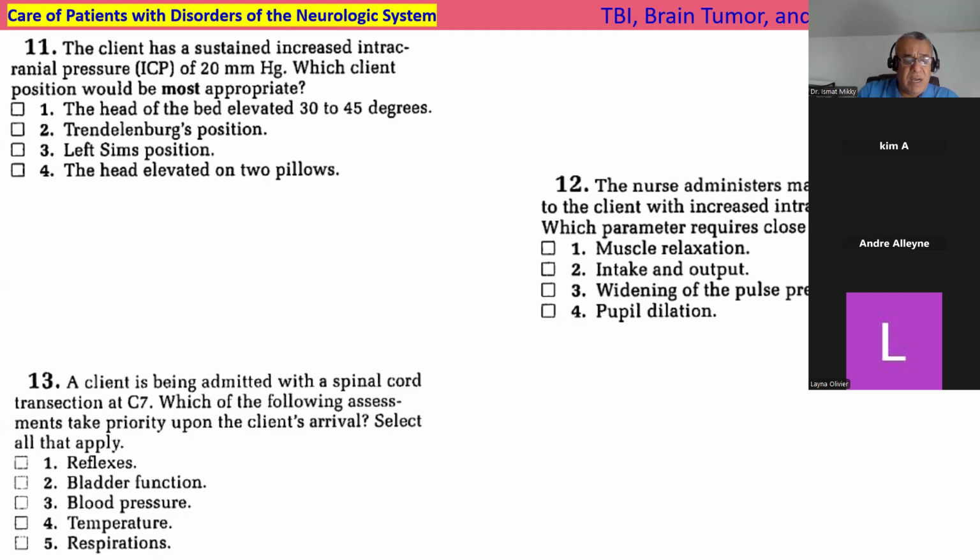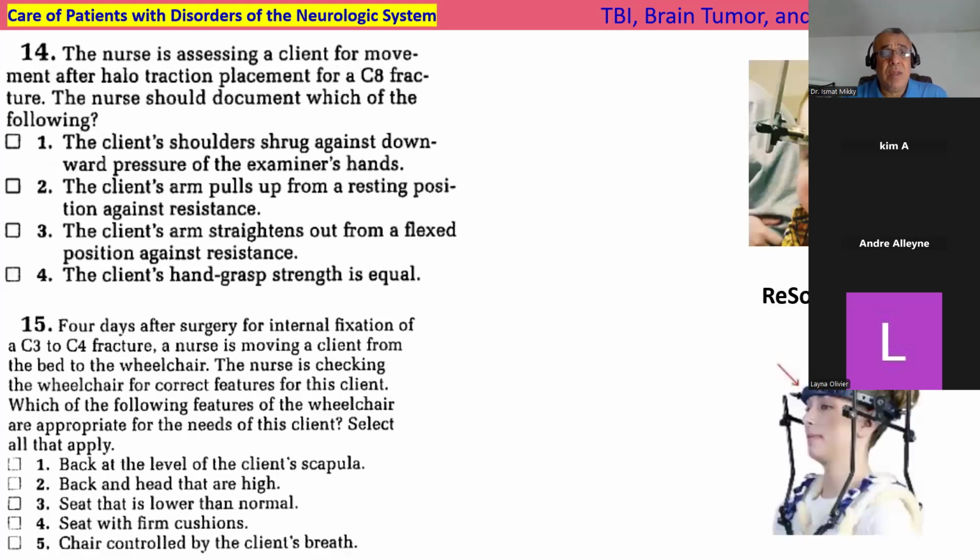The wide pulse pressure and pupil dilatation are not signs of this drug, but rather expected signs from the disease process itself. So intake and output is critical.